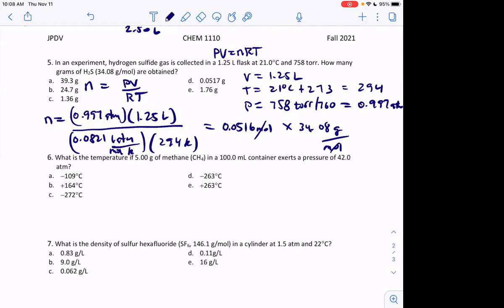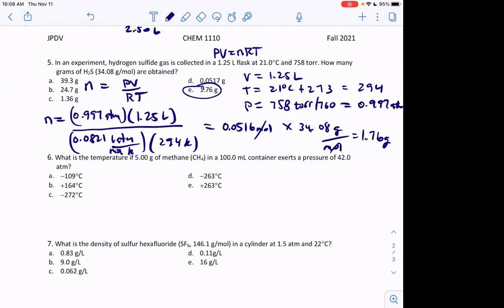I have no idea what the answer is, so. 1.760 E. And of course, the 0.0517 grams is up there. So if you stop at the moles and you look and say, oh yeah, there's 0.0516, that's the answer. No. Make sure you finish it.